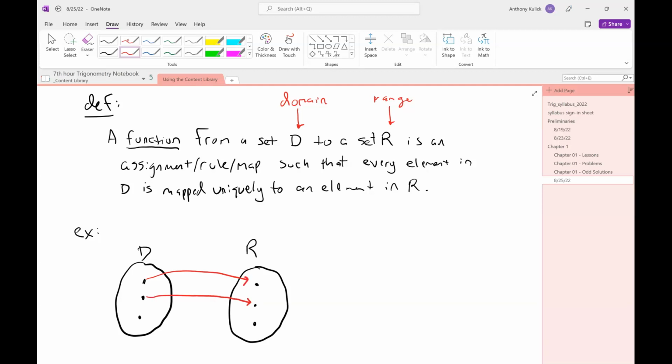And then my red lines here represent my function f. And we're just going to ask you guys, does this represent a function? Yeah, right? So if I look, everything in the domain is going somewhere, and they're only going to one place. That's good.